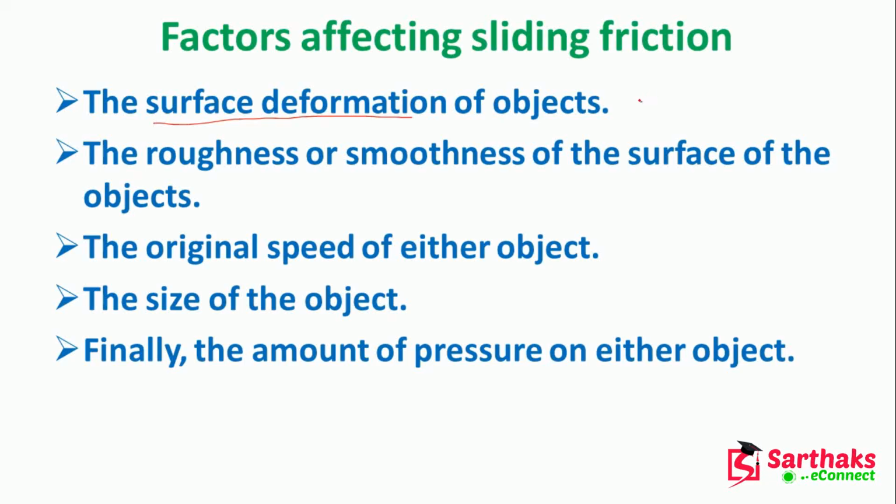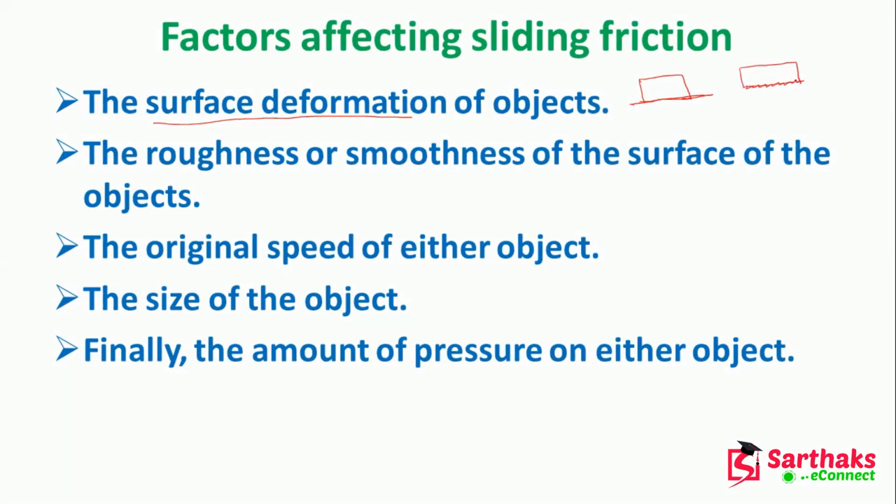Suppose you have a block over a table, and the surface in contact with the table is very smooth. Another, suppose I am keeping one brick here, where some unevenness is there. At this surface you have some unevenness. So here the sliding friction will be different.